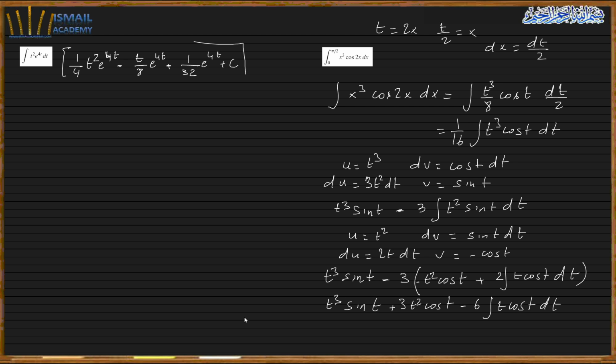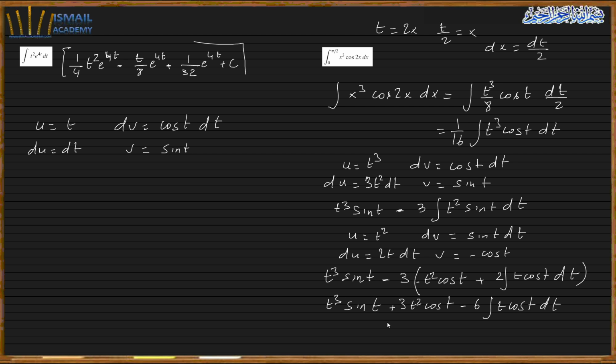Again, here I'm going to use u to be my t, and dv, this is my cosine, so u is my t and dv will be cosine of t dt. So here my du will be dt and v will be sine of t.